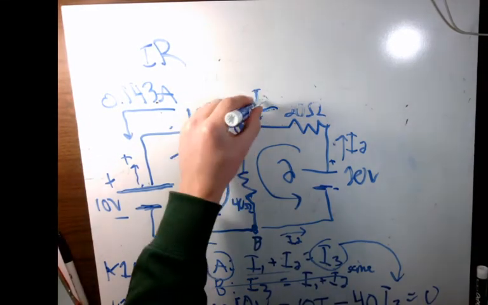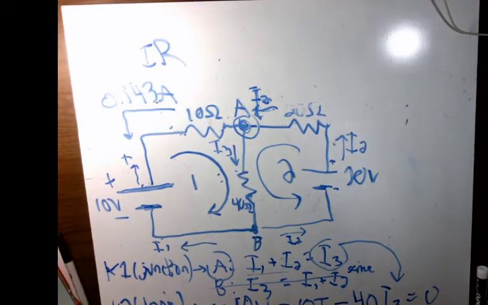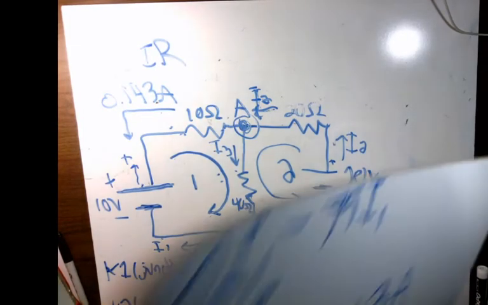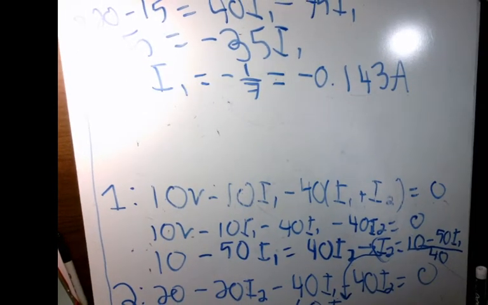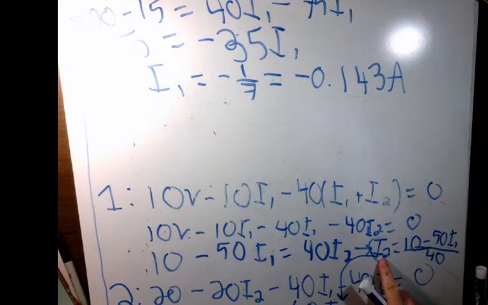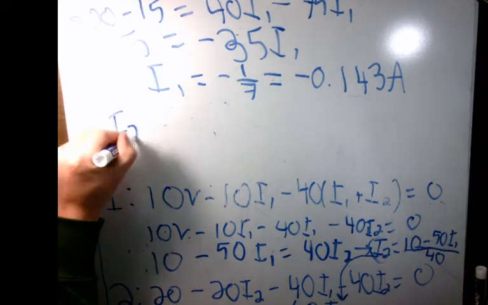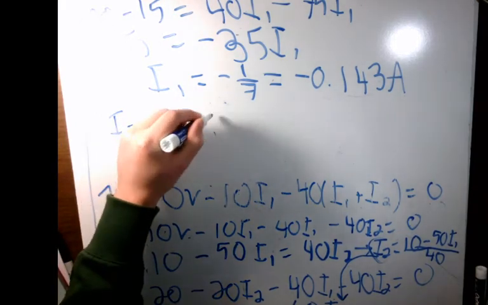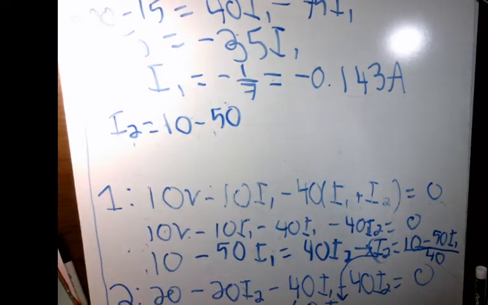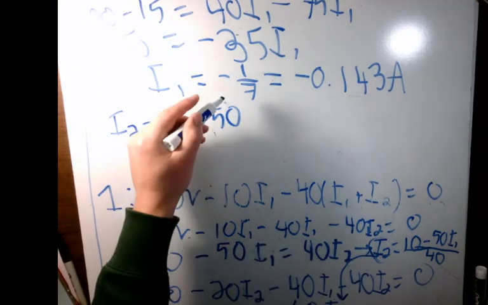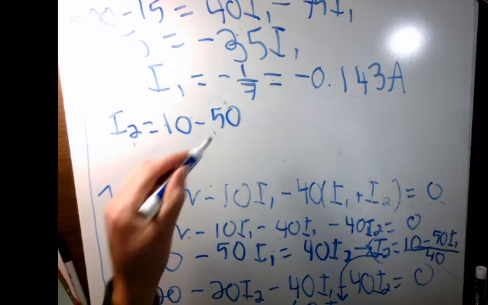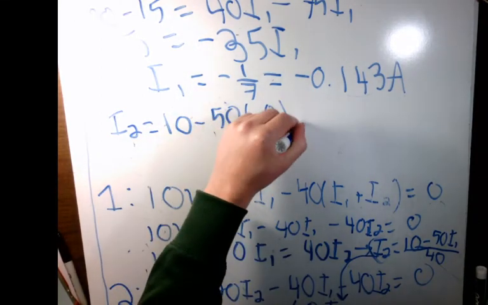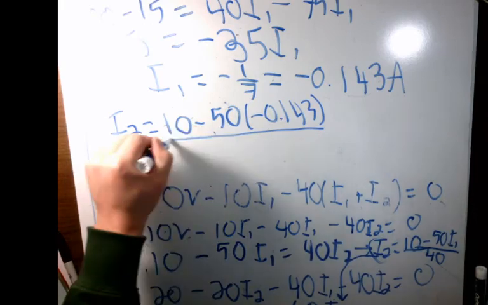And we can solve for I2 using this equation that we substituted right here. I2 is equal to 10 minus 50 I1 over 40. I2 is equal to 10 minus 50, and we'll keep I1 as a negative because that's how we drew it, negative 0.143 all over 40.